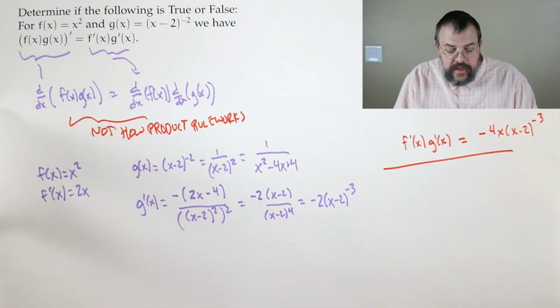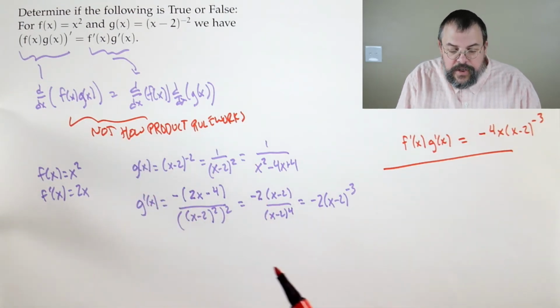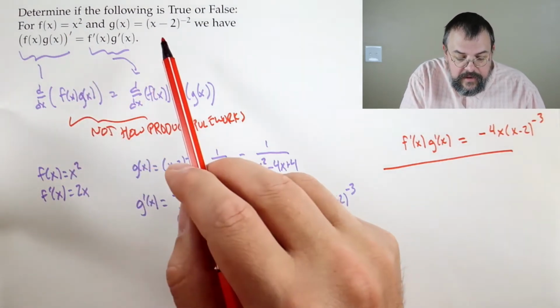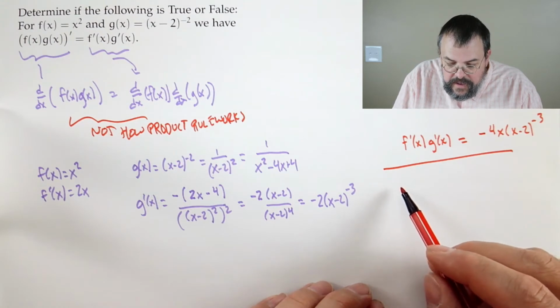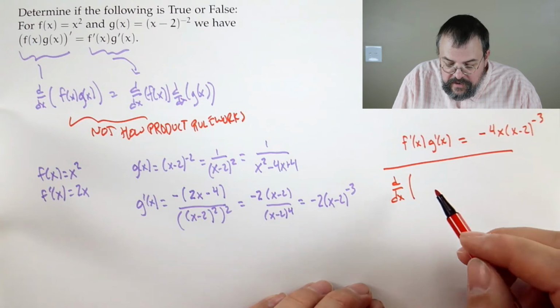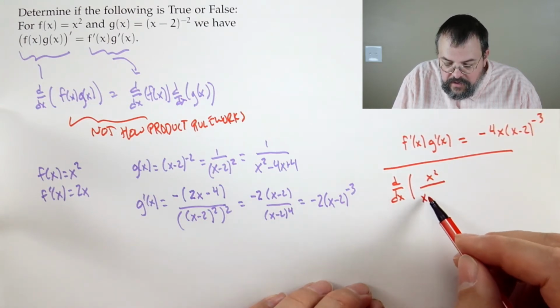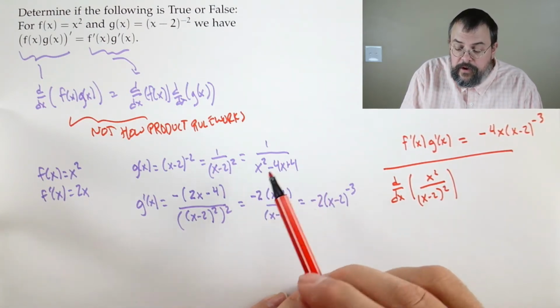Now, we can actually take this derivative much the same way as we did here. In fact, we can use the quotient rule, right? So what do we have? Because f of x is x squared, and g of x is x minus 2 to the minus 2. So if we're taking the derivative of f of x times g of x, that's like the derivative of x squared over x minus 2 squared. And remember that x minus 2 squared has this other form.